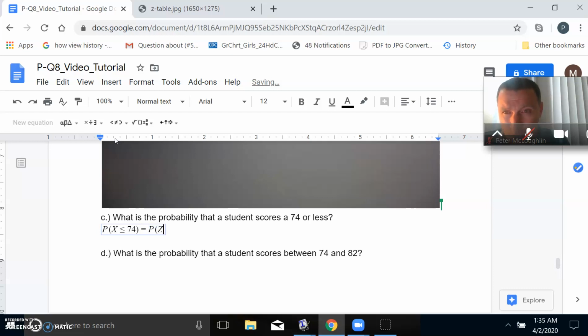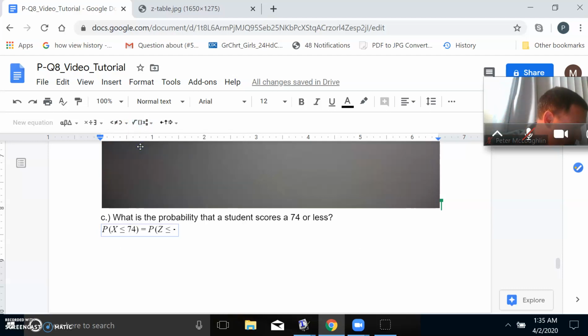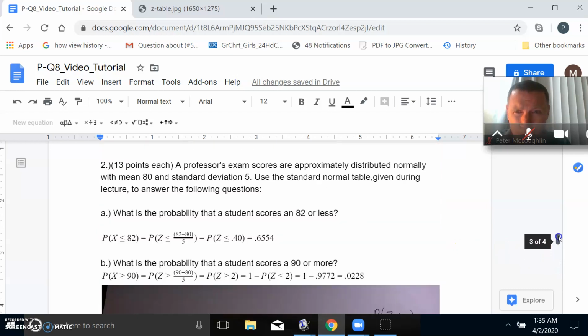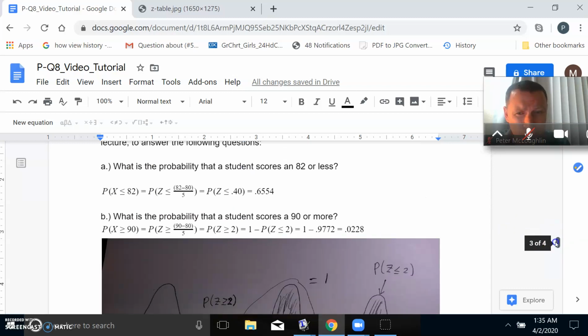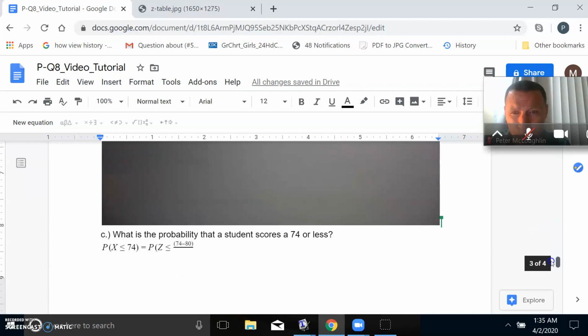So it'll be z less than or equal to 74 minus our mean. Our mean was 80, and our standard deviation is 5, divided by 5.